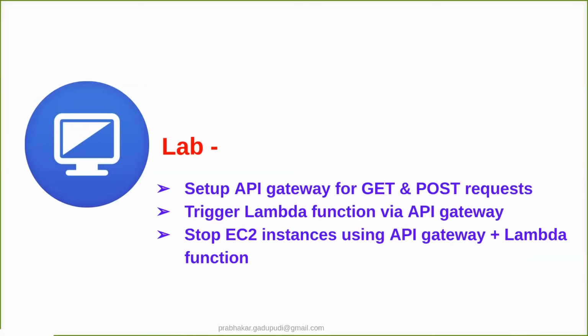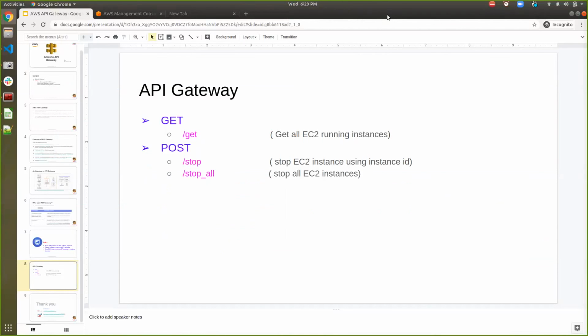At the same time, I'm going to create a Lambda function here, enable the required permissions, and use Python. I'm going to create two APIs. The first, the get API, I'm going to use for fetching all EC2 running instances from my AWS account.